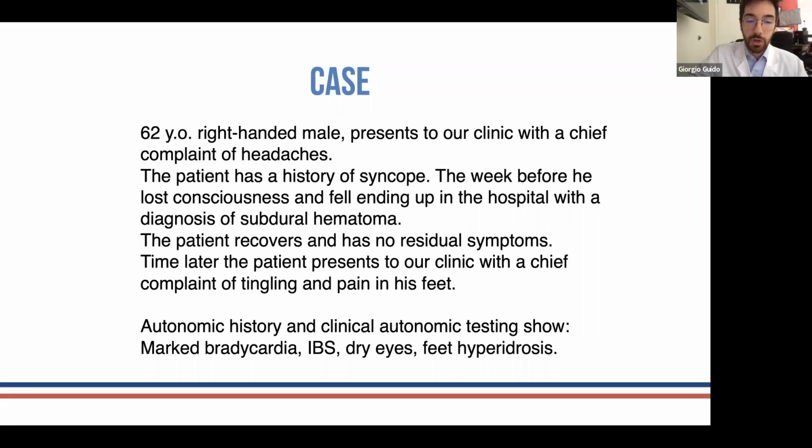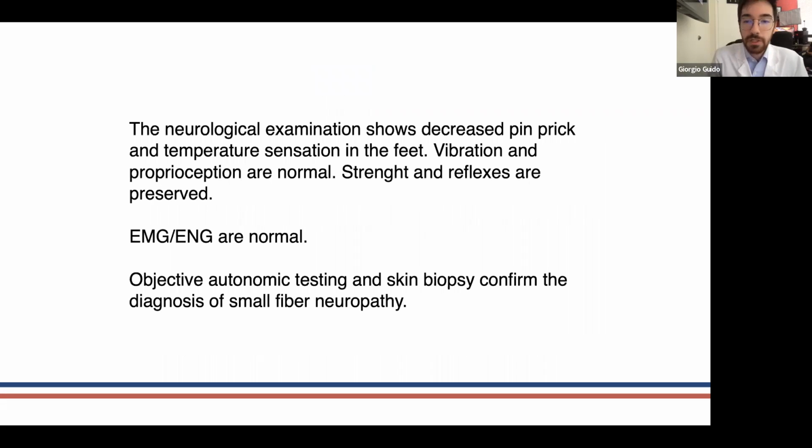These tests showed marked bradycardia, a history of IBS. He also had dry eyes and feet hyperhidrosis. The neurological examination shows decreased pinprick and temperature sensation in the feet. So these findings are suggestive of small fiber impairment, whereas vibration and proprioception, which are due to large fibers, were normal.